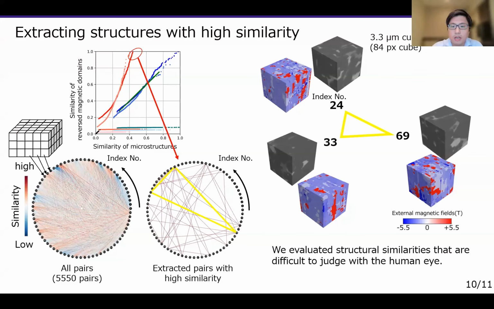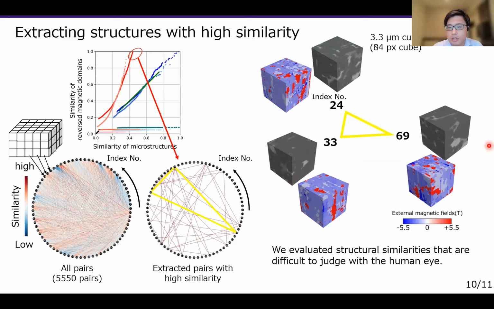And after that, in the right circles, the parts with the high similarity are extracted from there. Among them, I cut out these yellow parts and displayed them on the right side. So I extracted from this triangle to these structures.